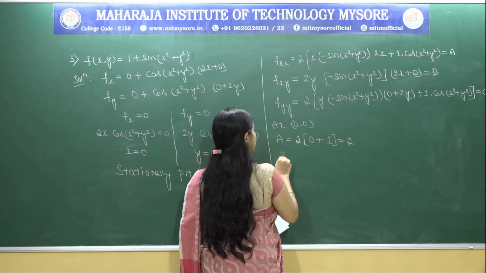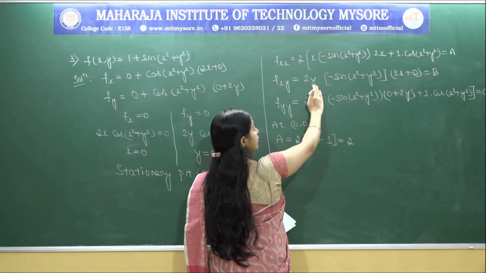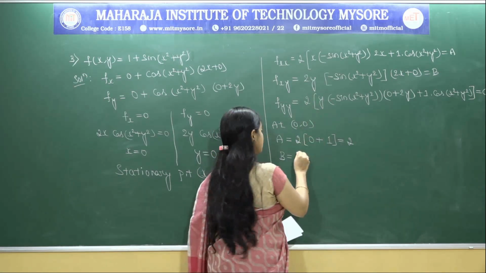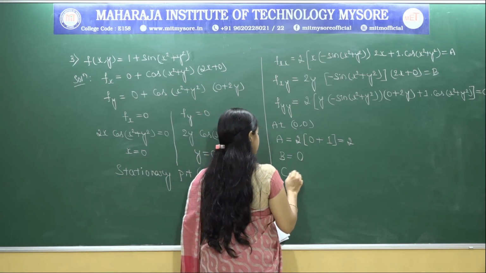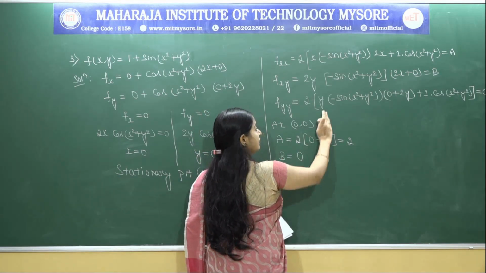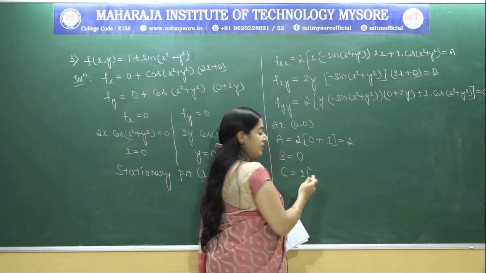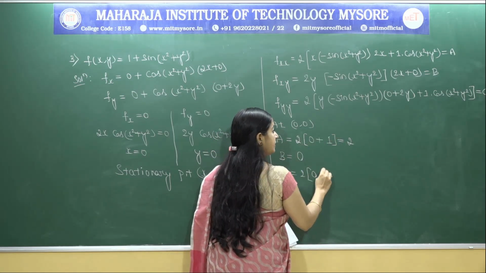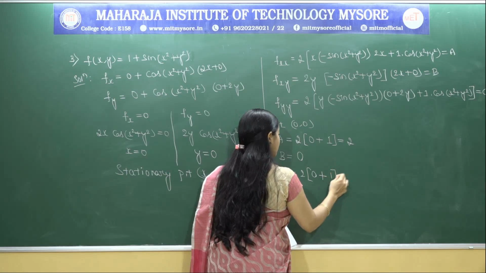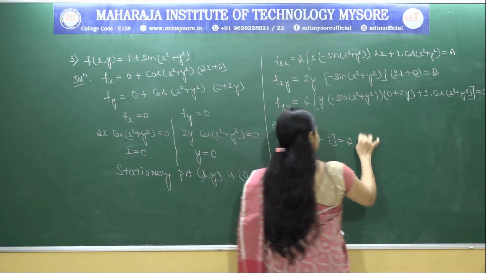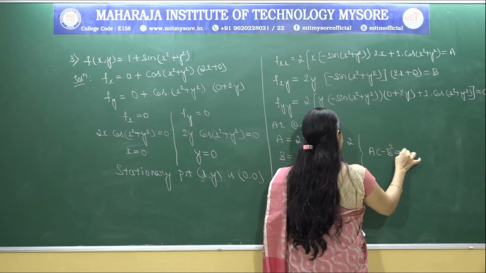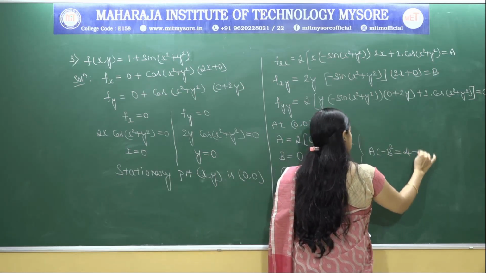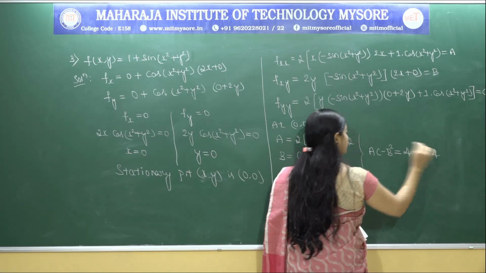Similarly, B is the multiplication of x and y, both 0, so you will get 0. For C, it is 2 times: the first term is a multiplication with y, so again 0, and the second term is cos 0, which is 1. So AC minus B squared equals 4 minus 0, which is 4.